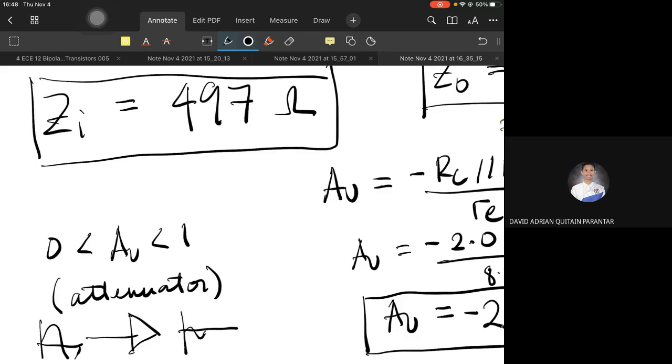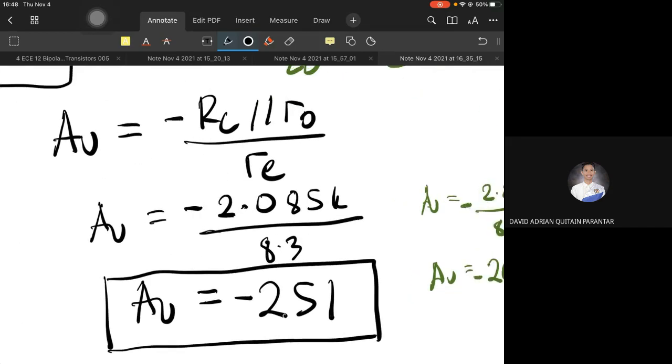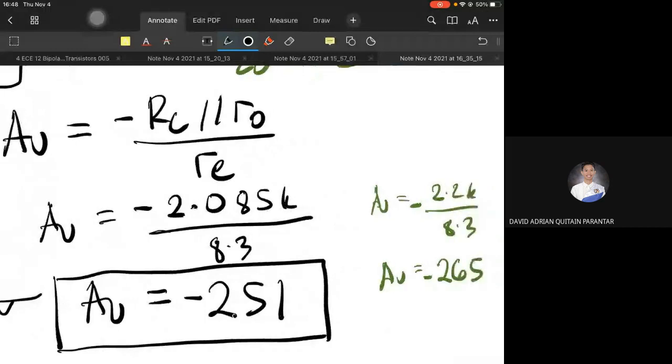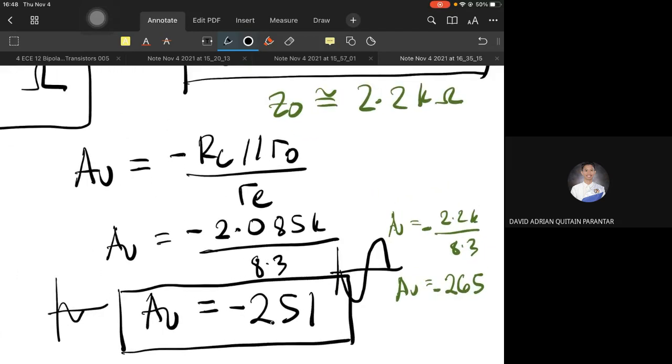Pero when we say negative nga gain, ang input signal is ingani, ang output na-amplify tuod pero na-inverse lang. Okay? Okay, Raman? Okay, sir. Thank you, sir.